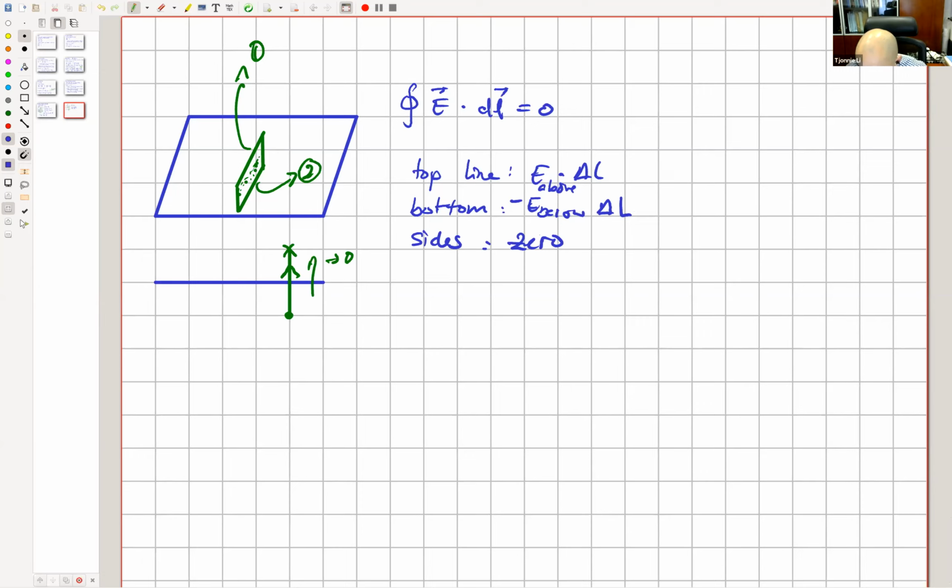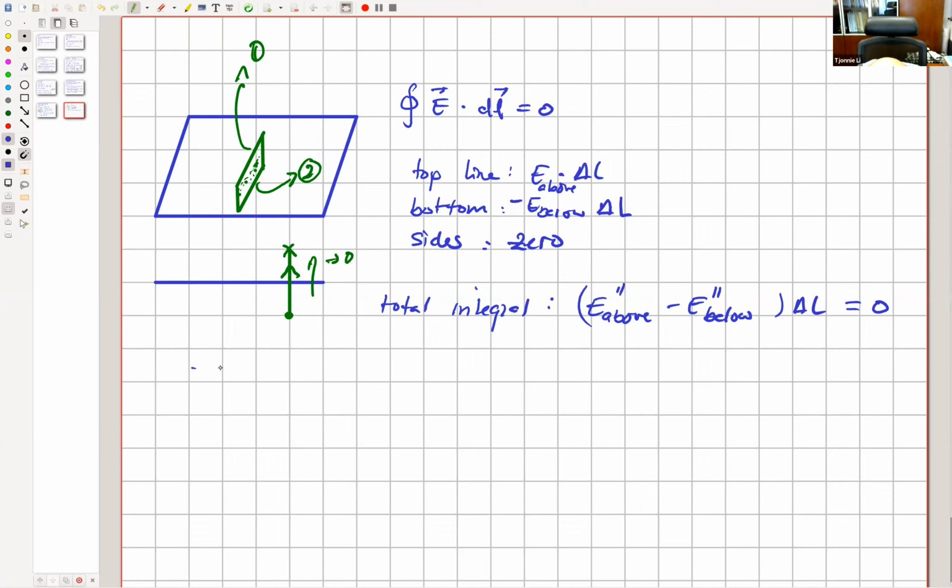And when I do this integral, the total integral is given by E above minus E below, that's the perpendicular sides, and some dl.